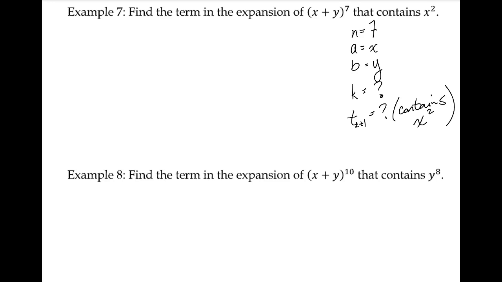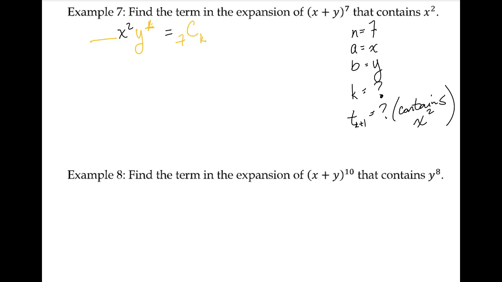So if I tried to fill this in, it would be like blank x squared y to the power of some number. I don't know these things yet. Equals, but then 7 choose, I don't know how much.